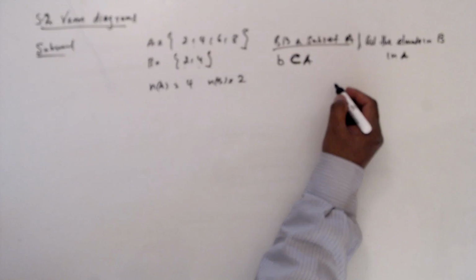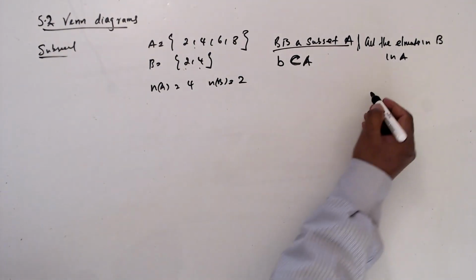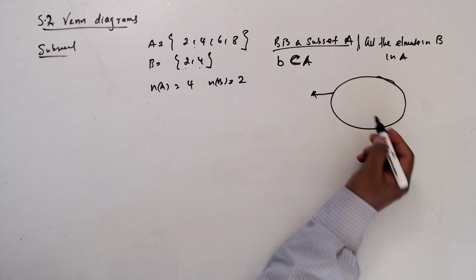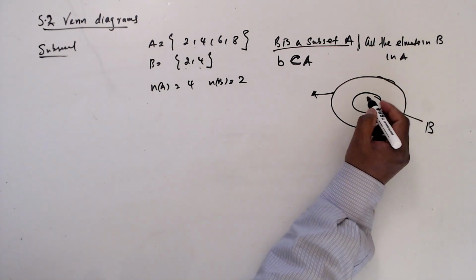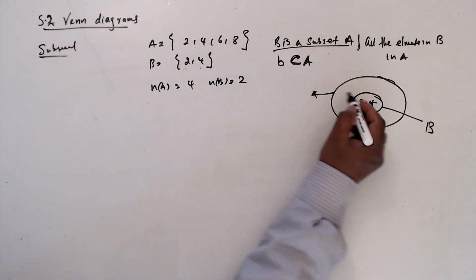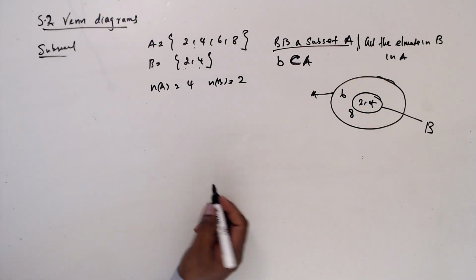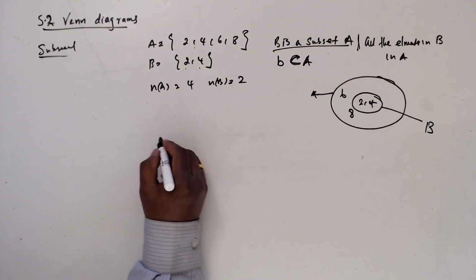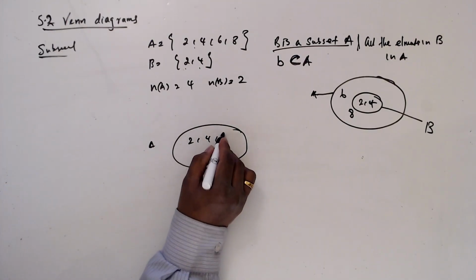So we can show this as a Venn diagram. This is A and this is B. So this is going to be 2, 4, and the rest go here: 6 and 8. Now we can draw set A: 2, 4, 6, 8.